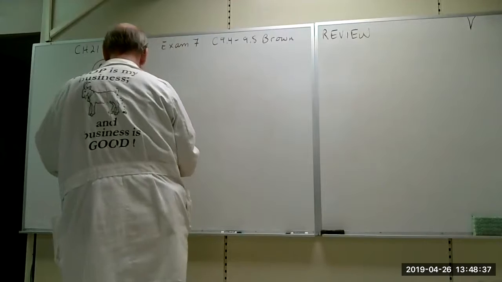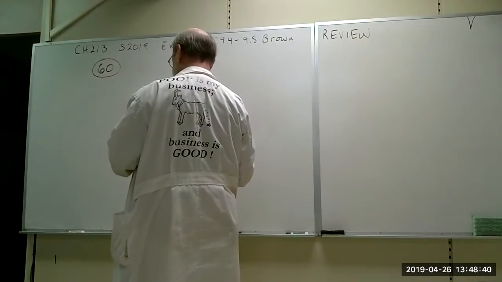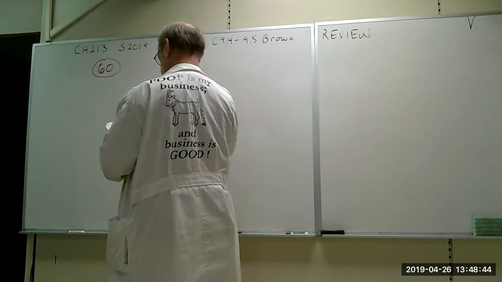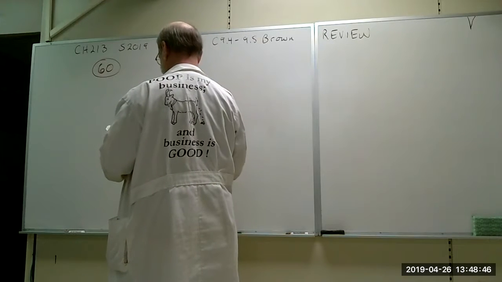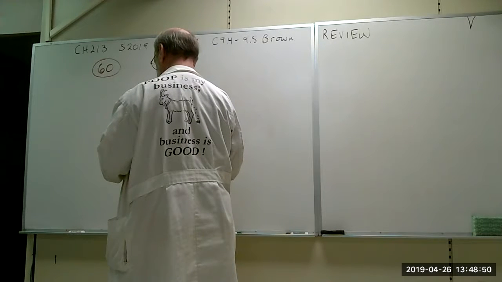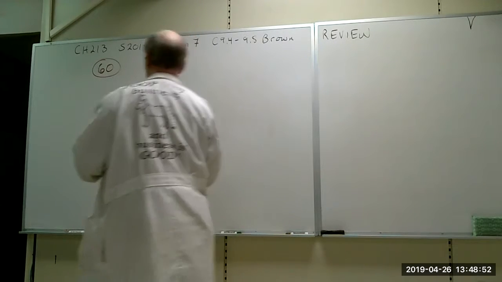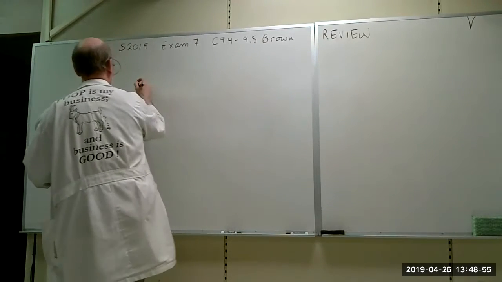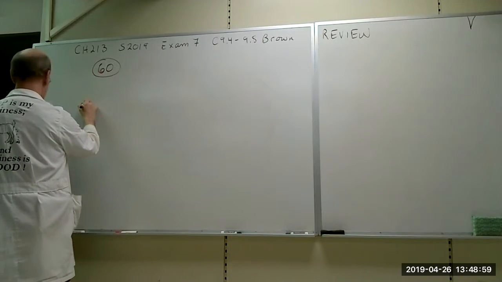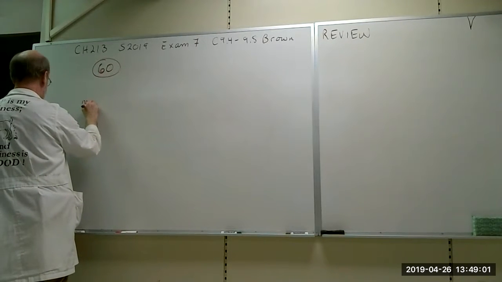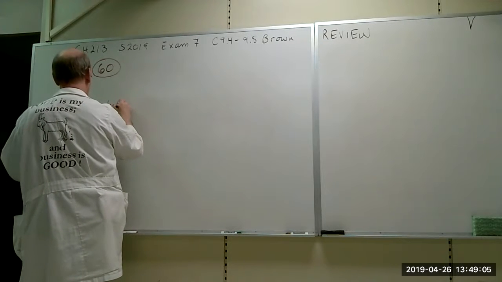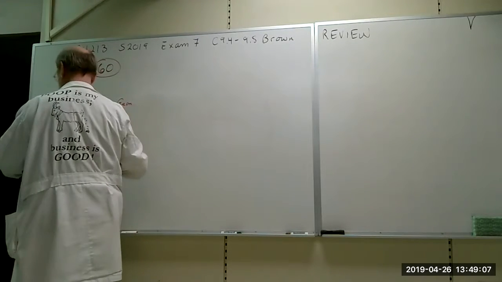So we've got these three molecules, and we want to fill in this table. Let me construct the table first. So we want molecular, it says structure, geometry is a better word, I think.